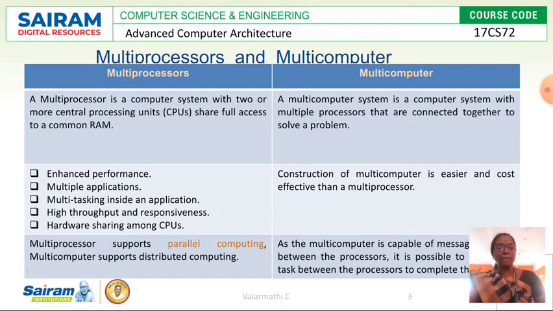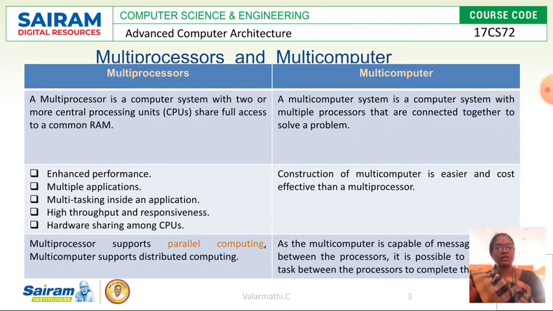A multicomputer system is a computer system with multiple processors that are connected together to solve one problem. The systems which are connected are called individual nodes. These systems are connected and working together to solve one common problem. This is about the multicomputer.